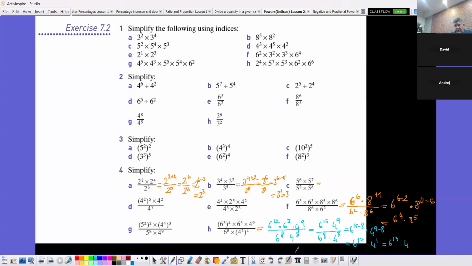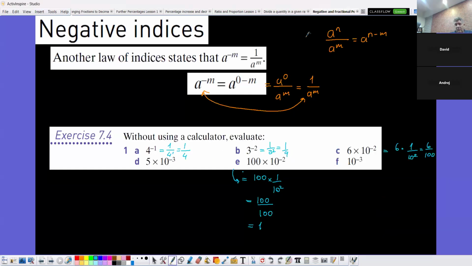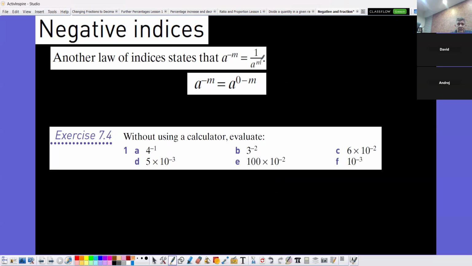Okay, these are kind of simple when you compare them with negative indices, because in negative indices you should use fractions, but it is not difficult. The only difference is when you see a to the power of minus m, you write instead 1 over a to the power of m.